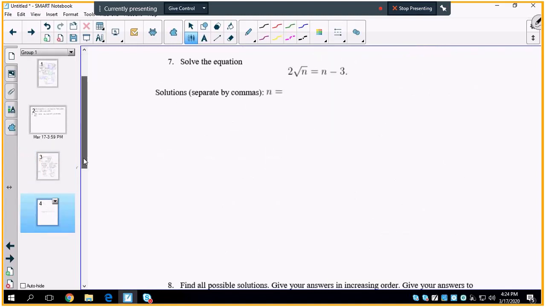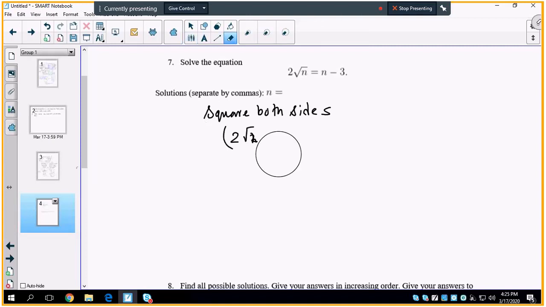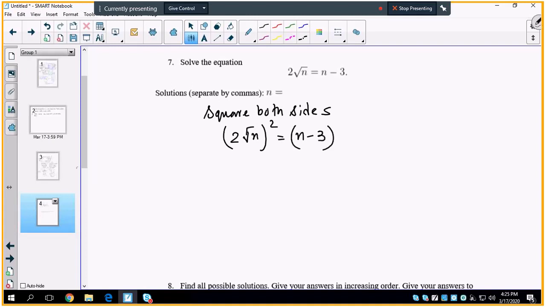This one is also a radical equation. There is only one radical term on the left hand side, so we can directly go ahead and start squaring both sides. If I do so, I get 2 square root of n quantity squared is equal to n minus 3 quantity squared.